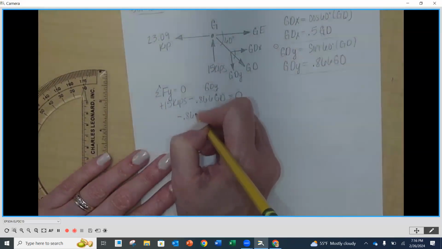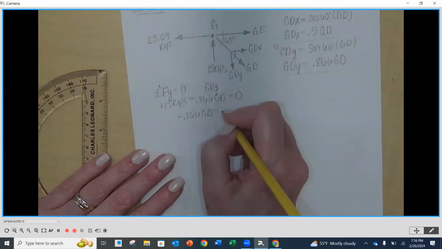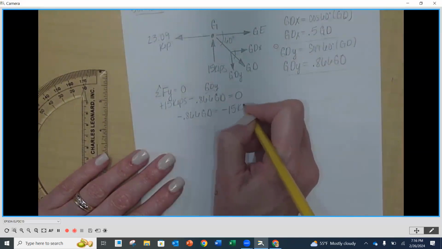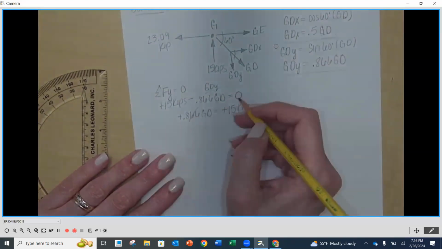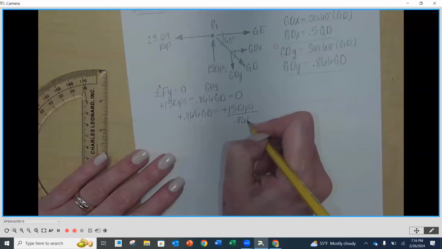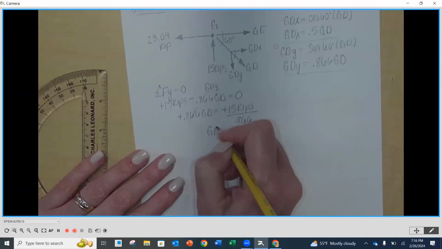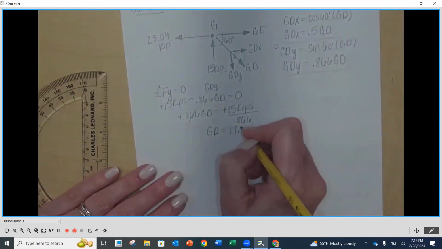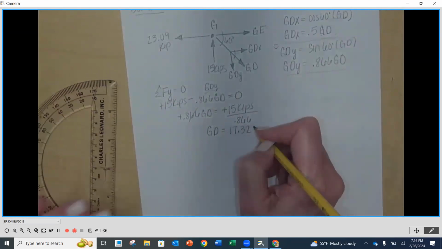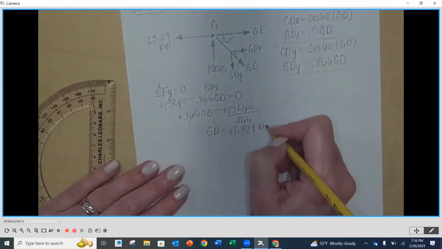I have a negative 0.866 times GD equal to negative 15 kips. They both become positive. And then I'm going to divide both sides by 0.866. GD equals 17.321. I'm going to hold that extra one, kips.